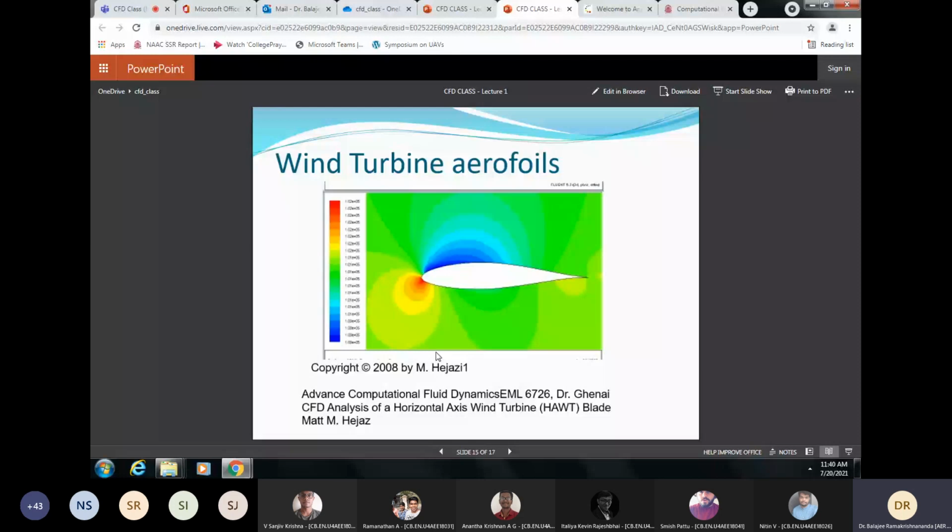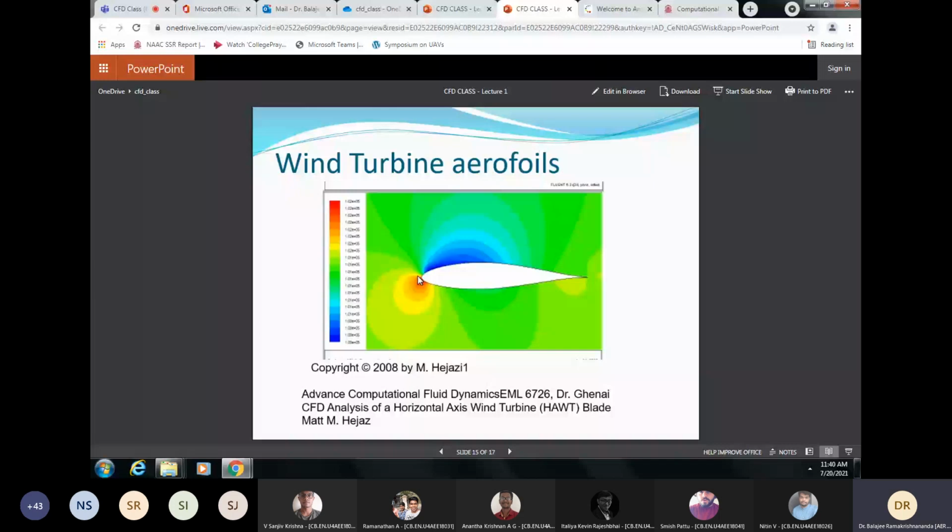One more example. This is a 2D example. Wind turbine airfoils. So here again, probably pressure is shown here. It can be velocity also. You find high pressure near the stagnation point, red, okay, and low pressure, blue, in the region of high curvature.